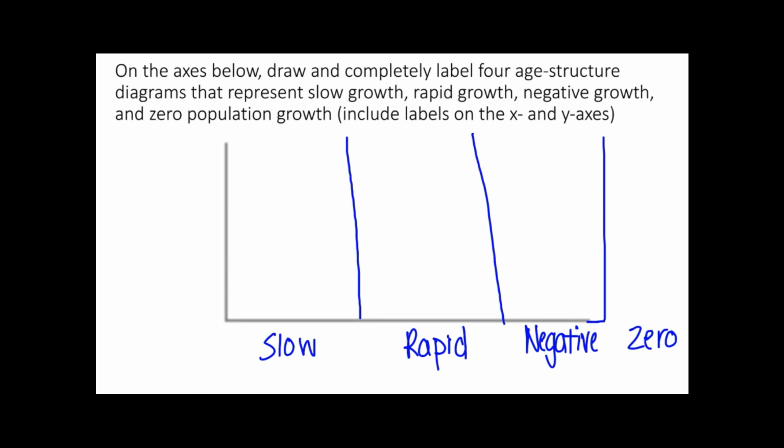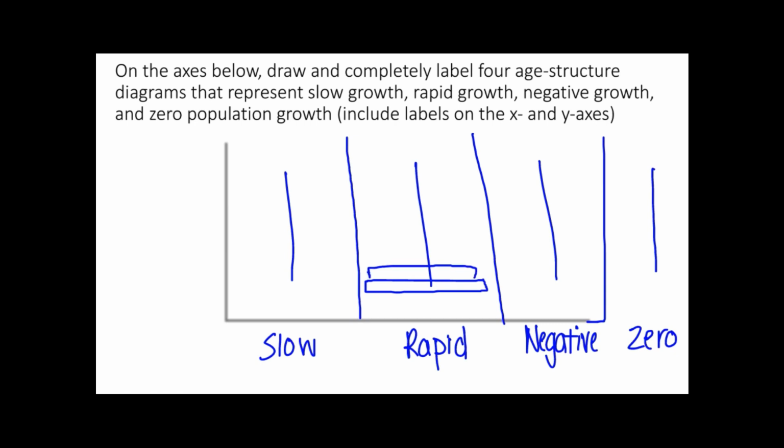So if we're going to have slow growth, I like to draw the rapid first, actually, if that's okay. And the reason I like to do that is just for scale. So in the rapid, you're going to usually have these really wide bars. And then at some point, it kind of gets skinnier towards the top.